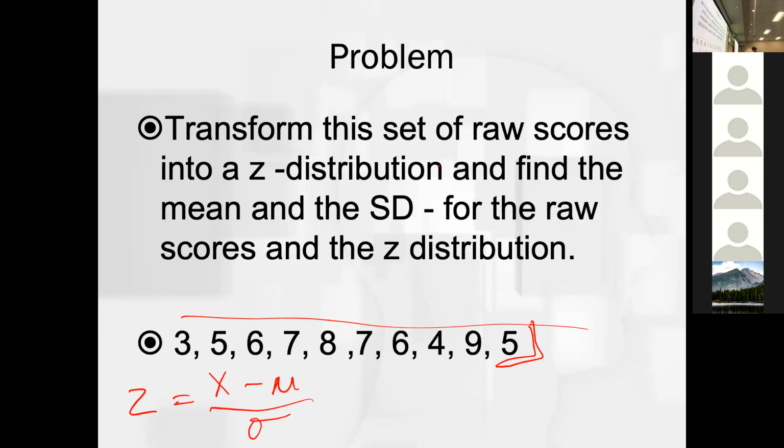So, working your way back up, knowing that the standard deviation is equal to the square root of the variance, which itself is equal to the sum of squares divided by n, right?